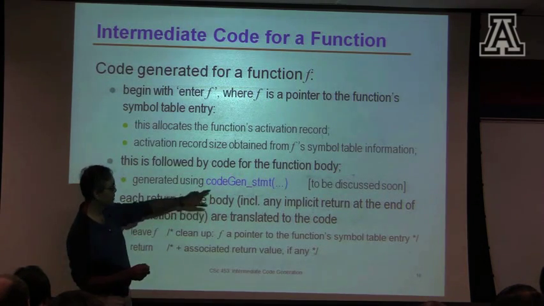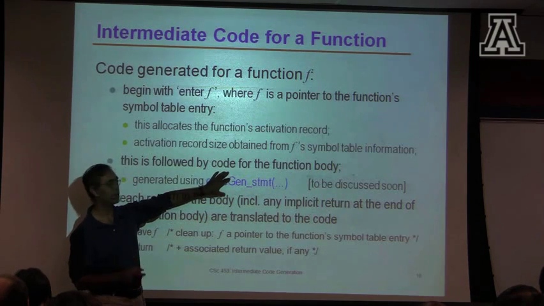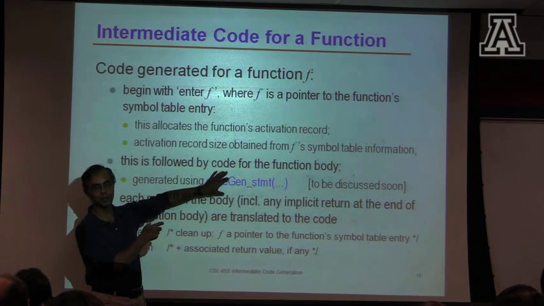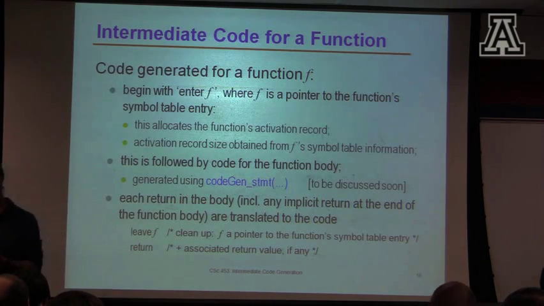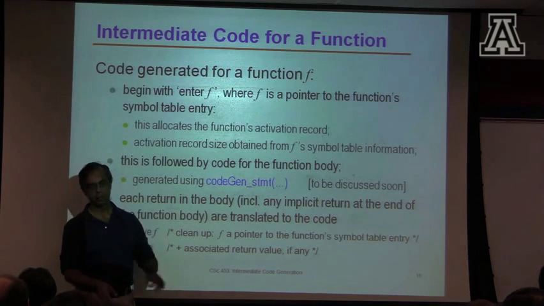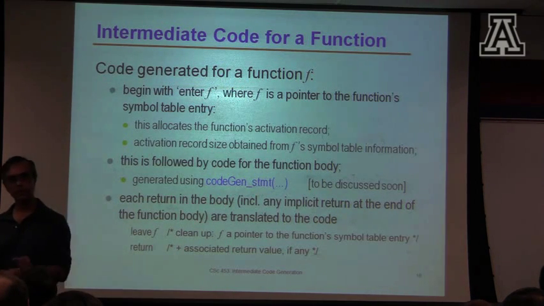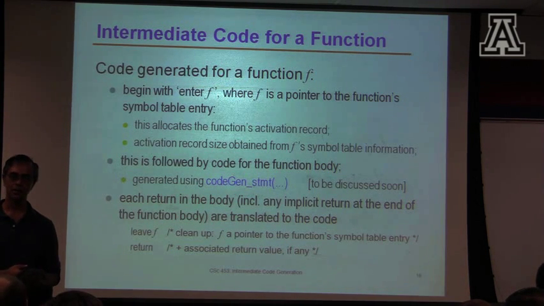That will cause temps for the body expressions to be created, which will cause space to be allocated in the stack frame. Right? Now, when I'm allocating space in the stack frame, how am I actually doing that? I traverse the body of the function, including all of the expressions and all of the statements. And whenever I need to, I call new temp, and that sticks a temporary in the symbol table. Okay? With me so far?